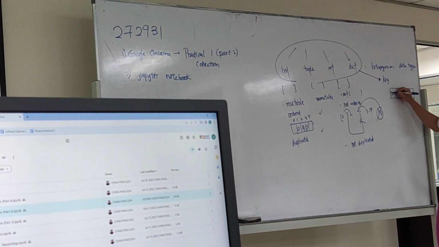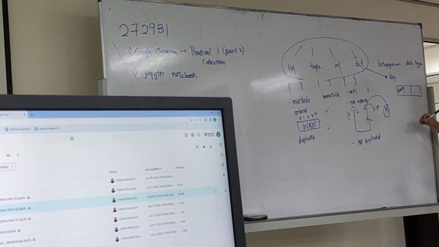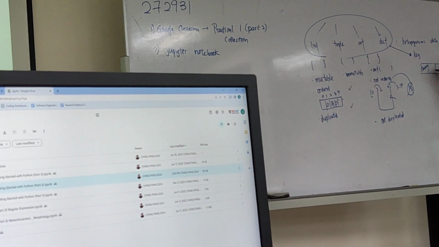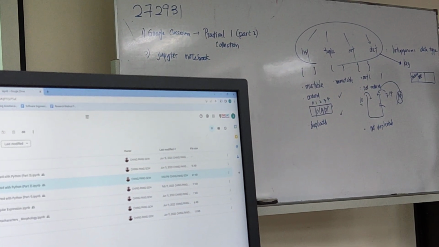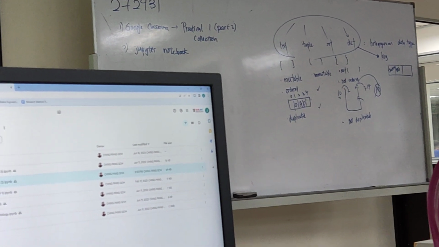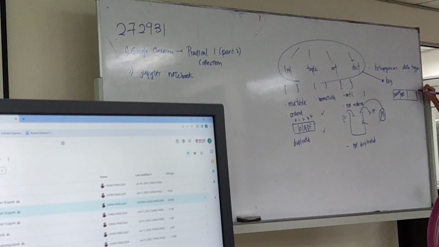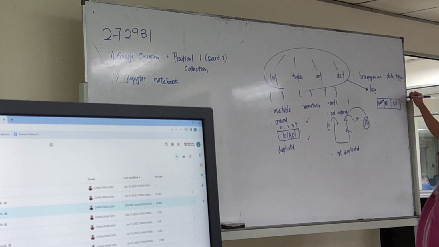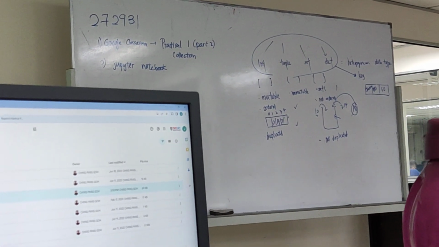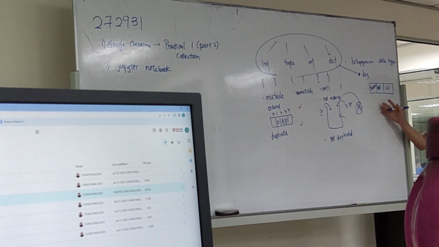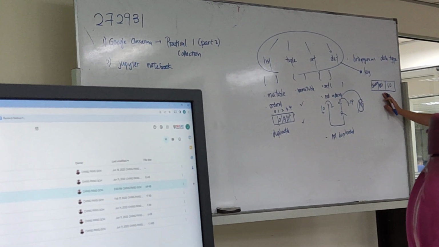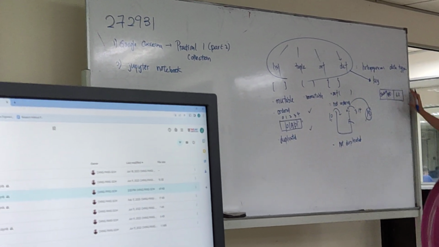What is your height? 180. Weight? 60, for example. So we have 3 values here.